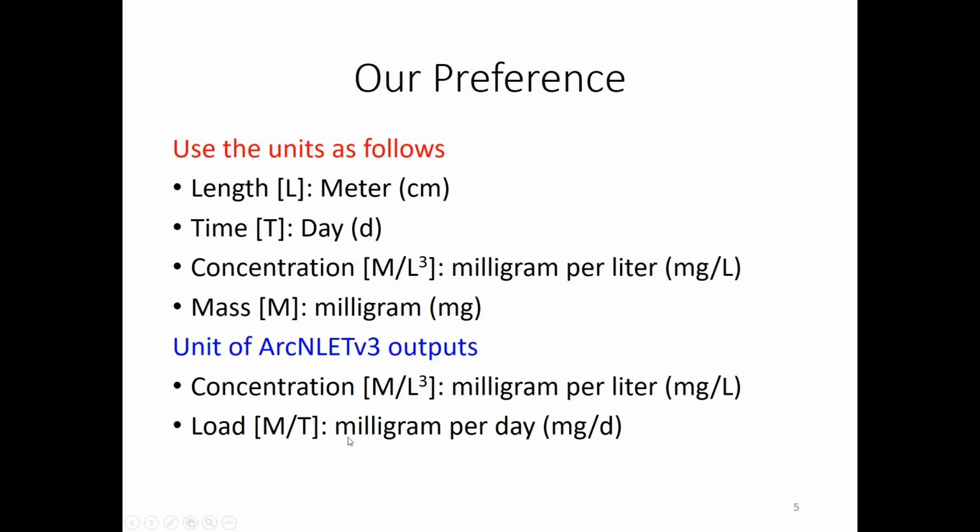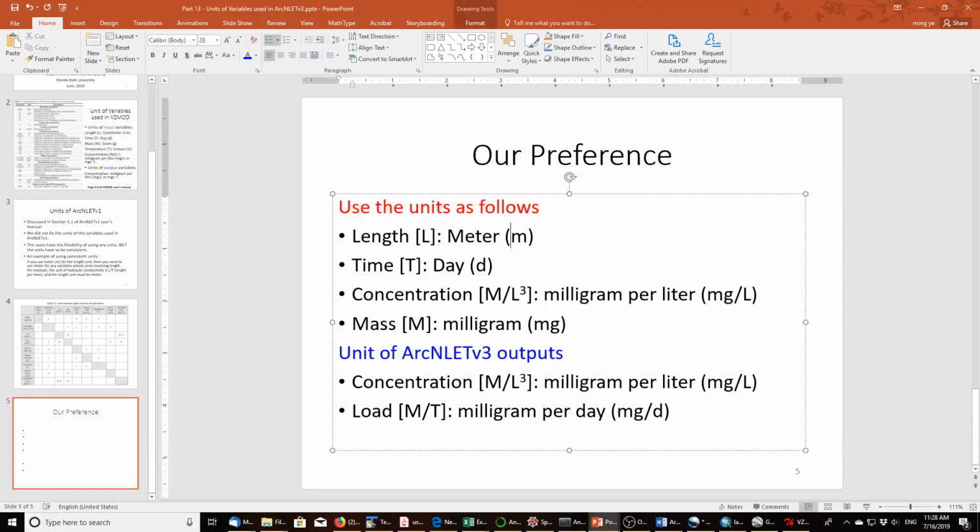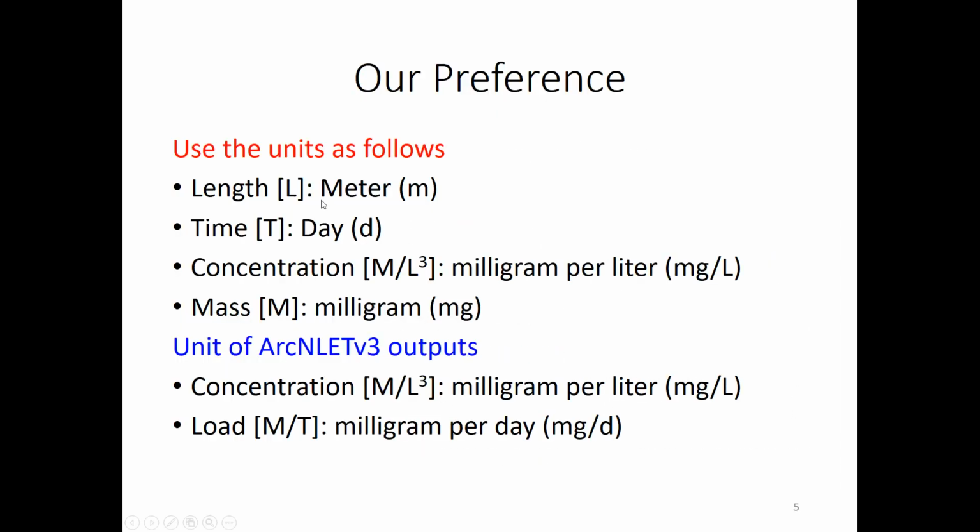So here is our preference. We use the following units. For length, we use meter. Sorry, this is not centimeter, this is a typo. For length, we use meter, and for time, we use day. This is related to the output of ArcNLET. For concentration, we use milligram per liter, and then you need a conversion factor in ArcNLET.